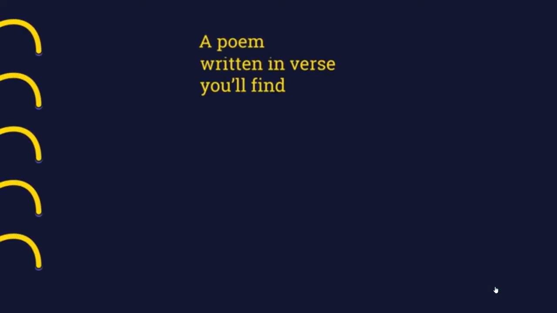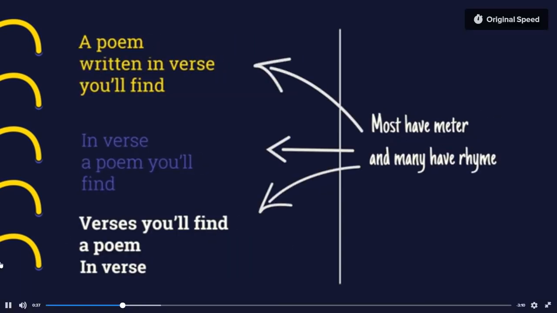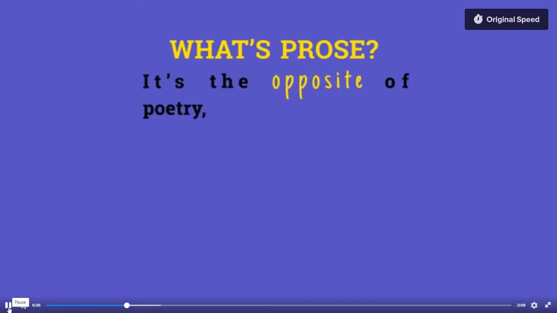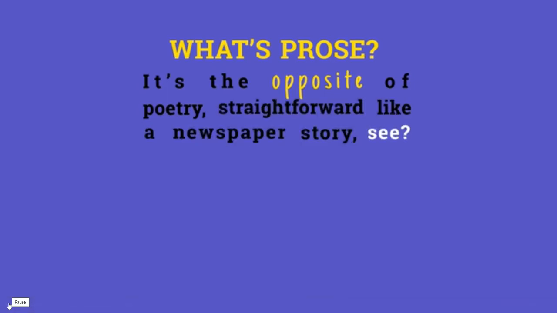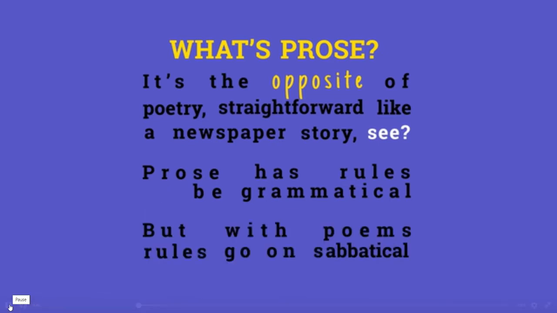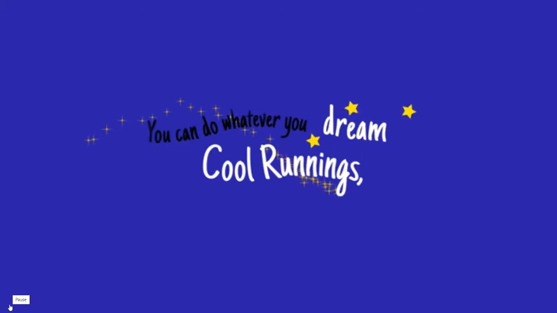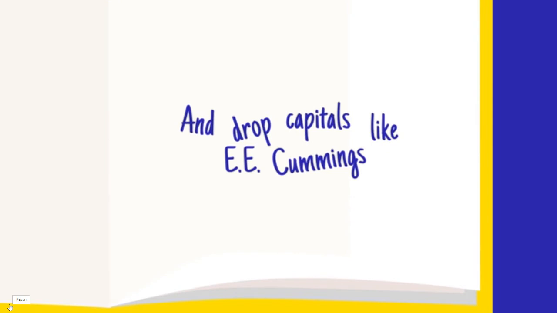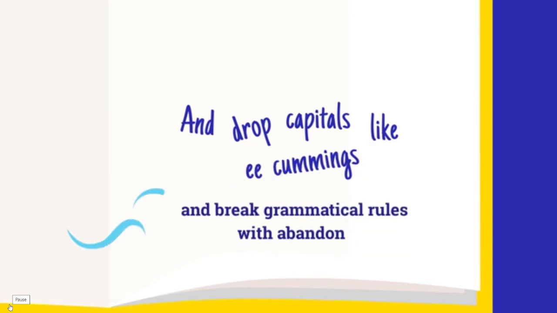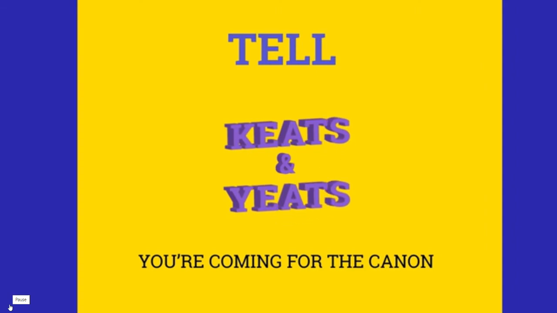A poem written in verse you'll find. Most have meter and many have rhyme. What's prose? It's the opposite of poetry, straightforward, like a newspaper story. See, prose has rules to be grammatical, but with poems, rules go on sabbatical. You can do whatever you dream, cool runnings, and drop capitals like E.E. Cummings, and break grammatical rules with abandon. Tell Keats and Yeats you're coming for the canon.